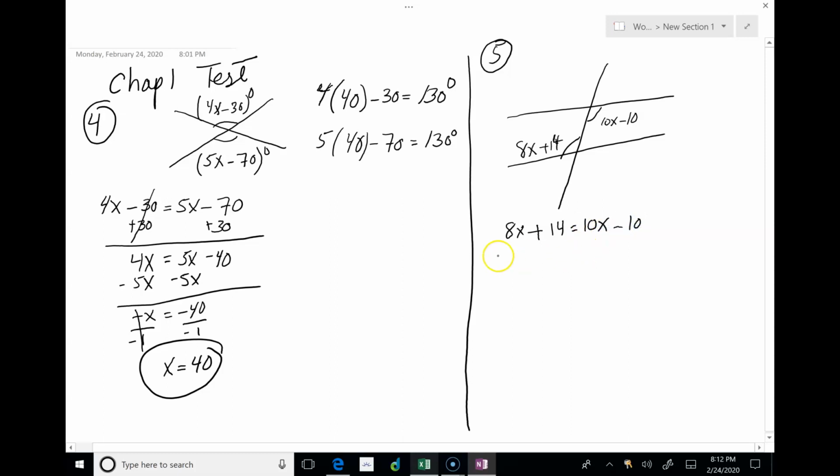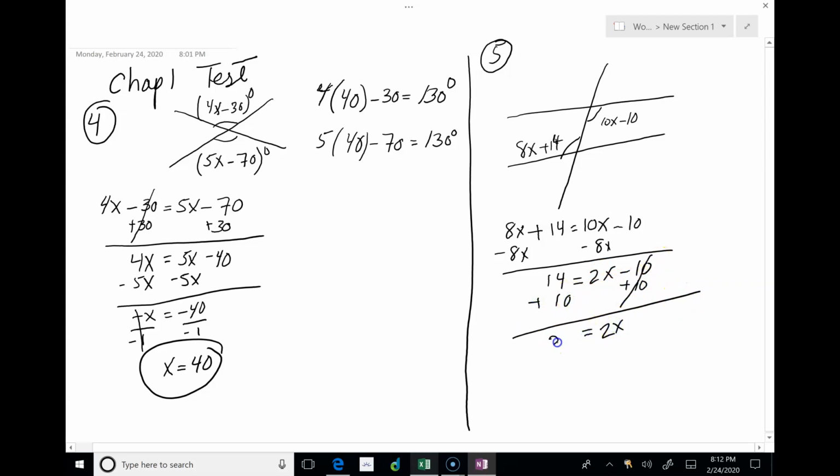And from here you subtract 8x from both sides. 14 equals 2x minus 10. You add 10 to both sides. So you have 2x equal to 24. Divide both sides by 2.